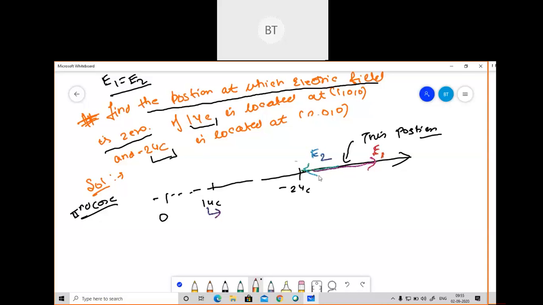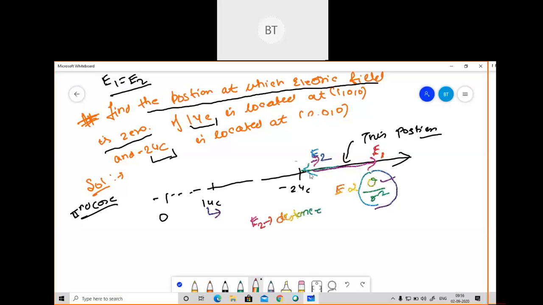So if it is clear, as you know, we represent our electric field E as proportional to Q by R square. Now you see, the electric field E is proportional to charge by the distance squared. For E2, the distance is less here.